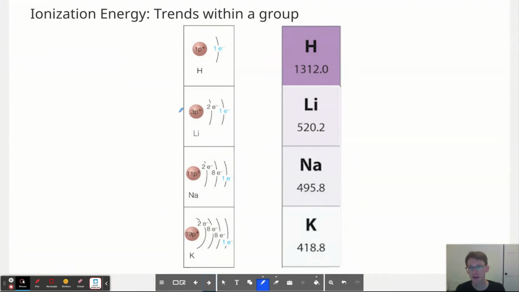In the case of lithium, we have more protons. However, we have some core electrons that are shielding, and that outermost electron is much further away from the nucleus than in the case of hydrogen. So what we find is that as there are more shells, that electron in a higher energy level is easier to remove.